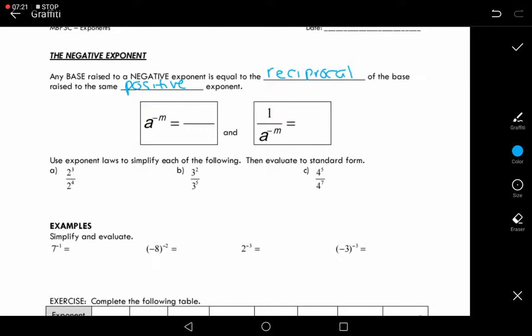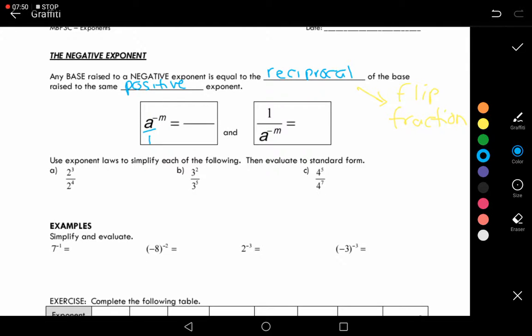Okay, and that's kind of a confusing definition, so make sure you pay attention to the example here. So the reciprocal, all that means is you have to flip the fraction. The reciprocal is just a flipped fraction, okay? So if we have a to the power of negative m, anytime that we have a whole number without anything under it, we can always assume that it's over 1, right?